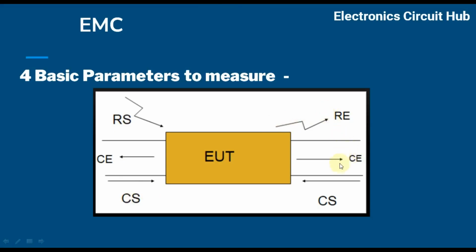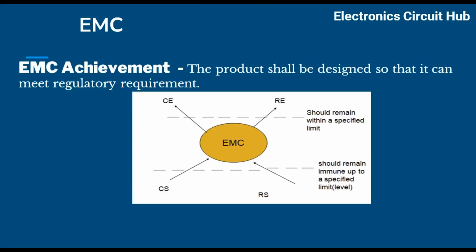So basically conducted emission, radiated emission, conducted susceptibility, and radiated susceptibility are the four parameters which need to be measured to comply with product EMC, right? Let us move to the next slide.